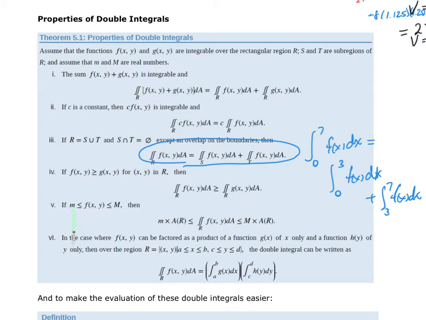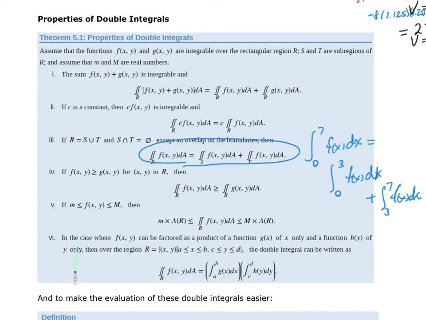And if some lowercase m is less than or equal to my function on R, and it's less than or equal to some larger M, then m multiplied by my region is going to be less than or equal to my integration, less than or equal to M, this larger M, multiplied by the area of my region.